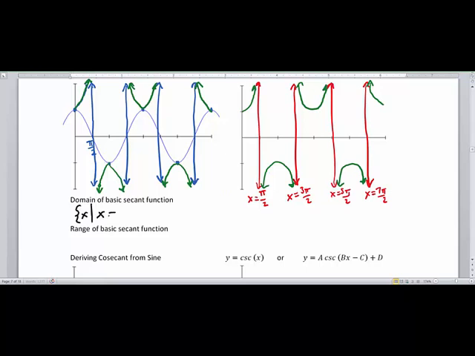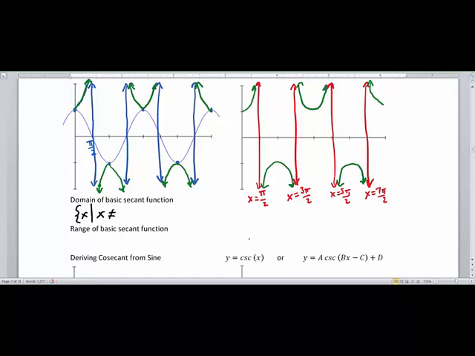So x cannot be 1 pi over 2. The reason for me saying 1 is very important here. So 1 pi over 2, 3 pi over 2, 5 pi over 2, and 7 pi over 2. Now you saw me name each number in front of those pi's: 1, 3, 5, 7.